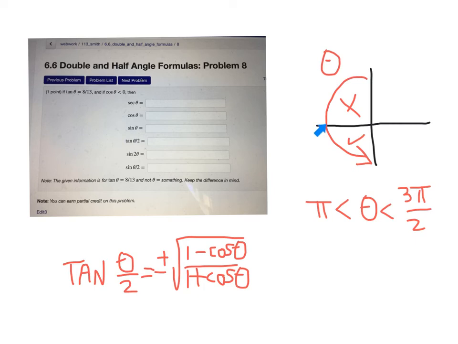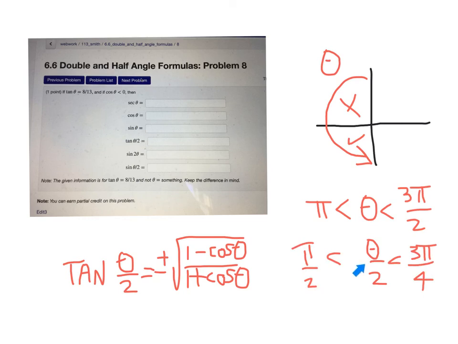So theta is between 180 and 270, or in radians, of course, theta is between pi and 3 pi over 2. Now, to figure out if this should be plus or minus, we, of course, need to understand the quadrant for theta over 2, because that's what we're looking at here, the tangent of theta over 2. So we're going to go over here and divide by 2.